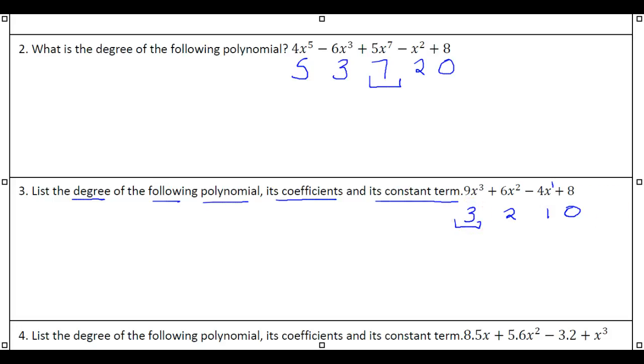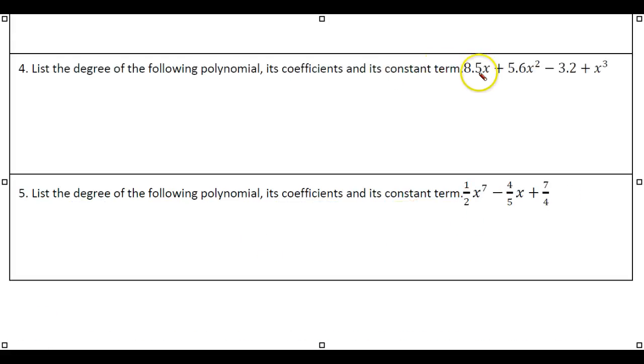Now the coefficient is the numerical part of each term, which in this case is a 9, here a positive 3, a negative 4, and this one, in a sense, it doesn't have a variable, so we consider this one the constant term, and this is 8. So once you know the vocabulary, it's a little easier to follow.